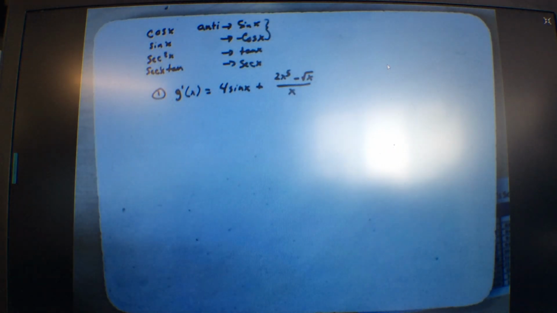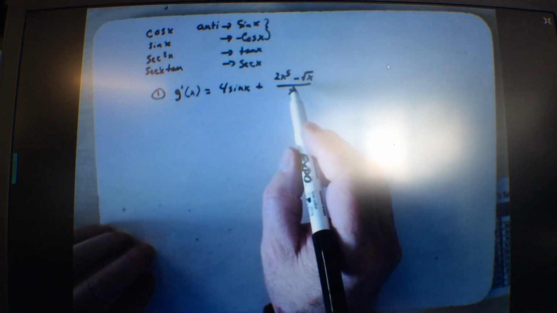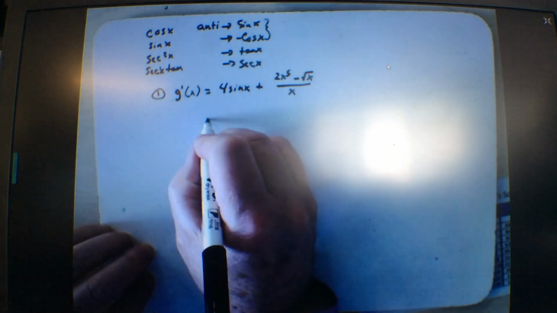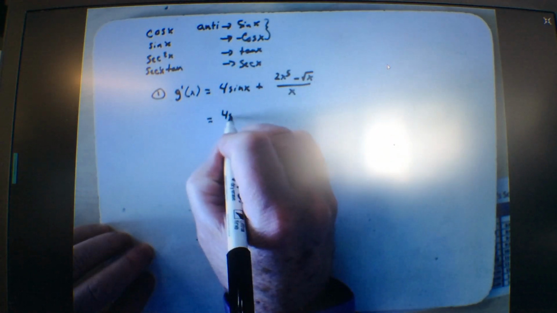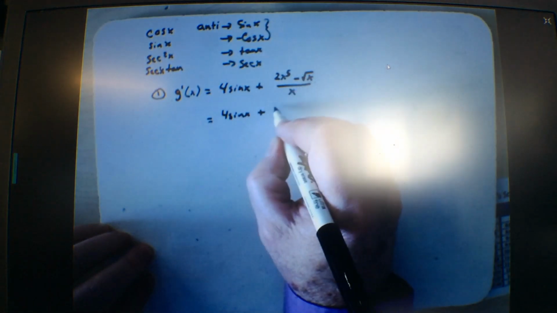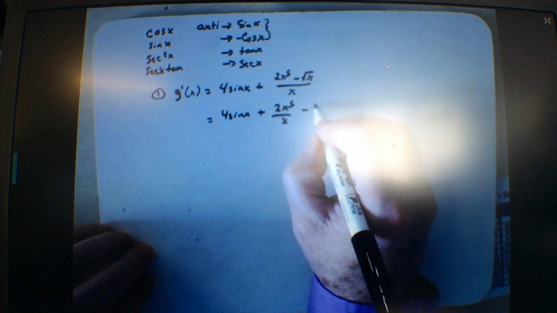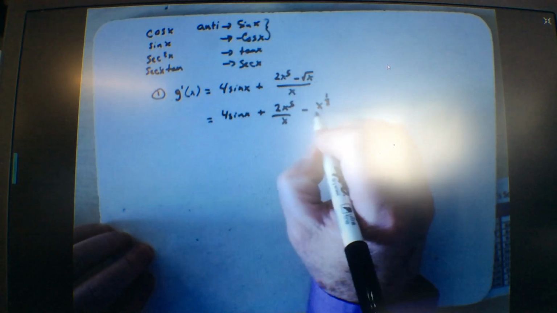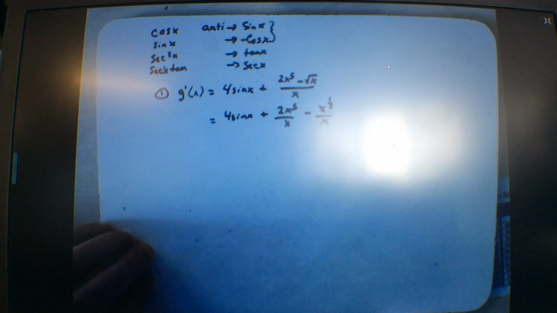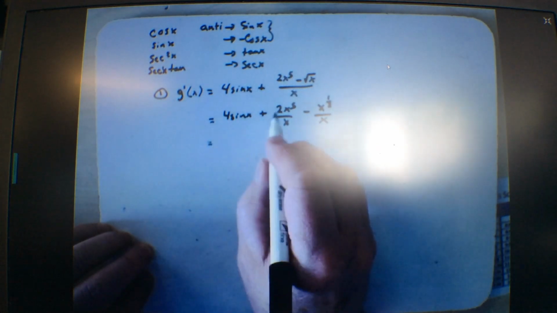You understand that? Okay, what I'm going to do first is rewrite this so it's something that I can handle. The 4 sine of x is good, but this needs to be separated. So I have 2x to the 5th over x minus x to the 1/2 over x. Notice that I changed it to different values, right?